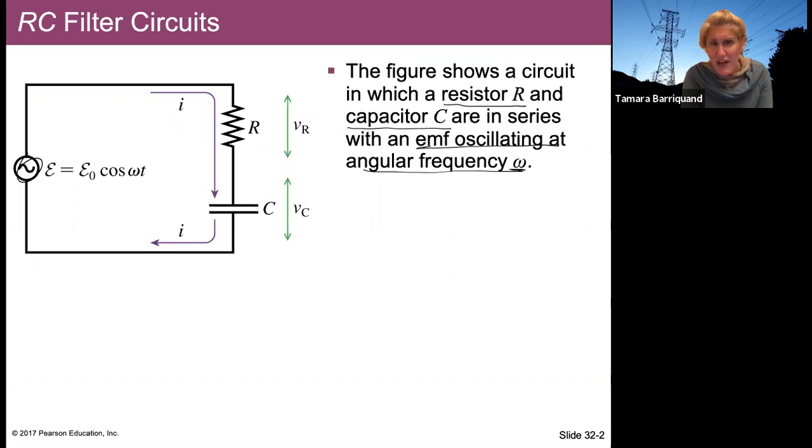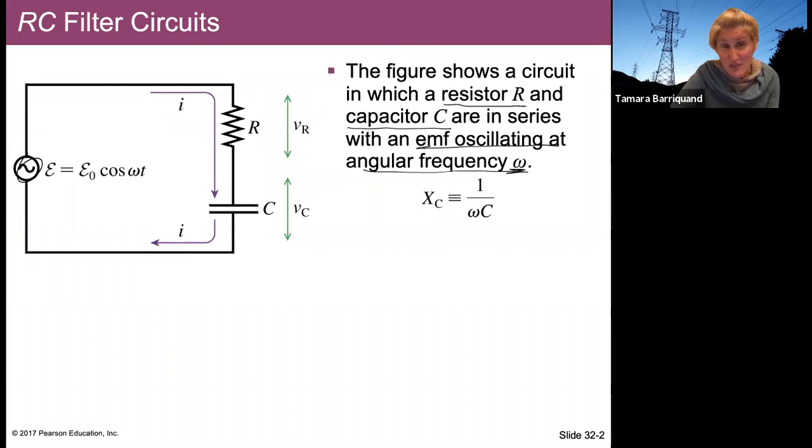Now we remember that if we have a capacitor in an AC circuit, we can define a capacitive reactance. That capacitive reactance is equal to 1 over omega times C, the capacitance. So it is inversely related to the angular frequency.